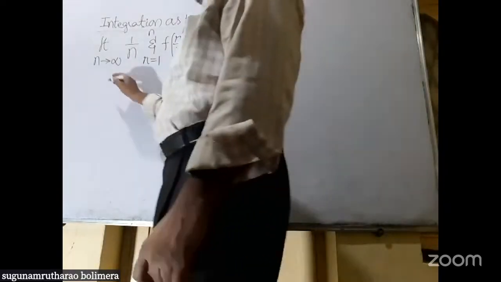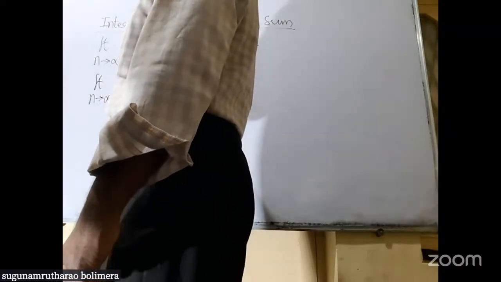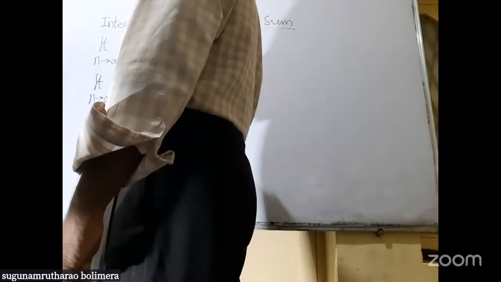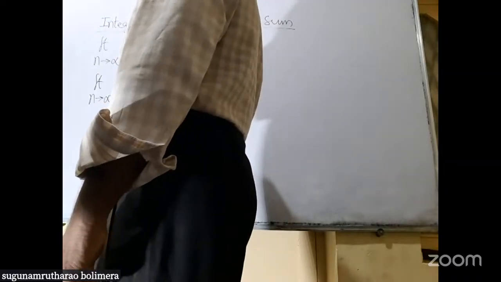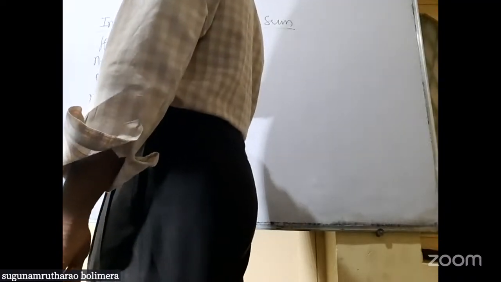Same thing you may write as limit n tends to infinity, 1 by n summation r equal to 0 to n minus 1, f of r by n.